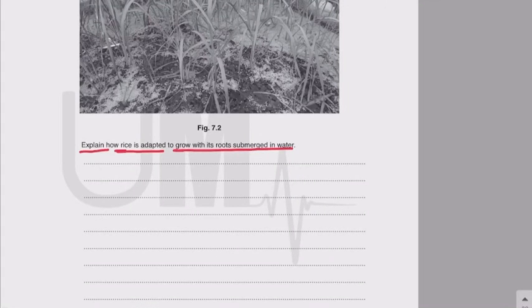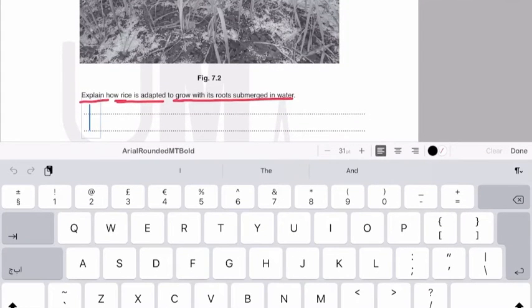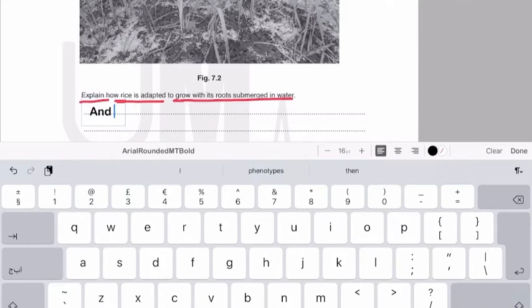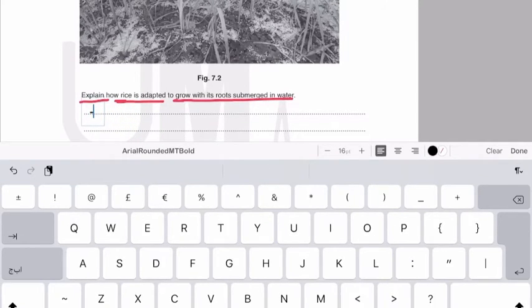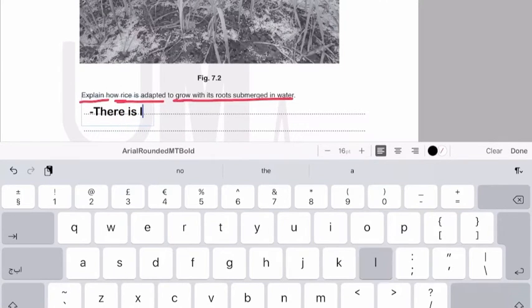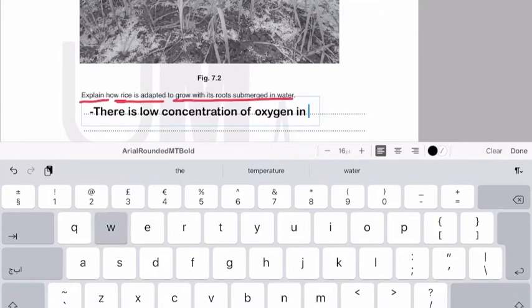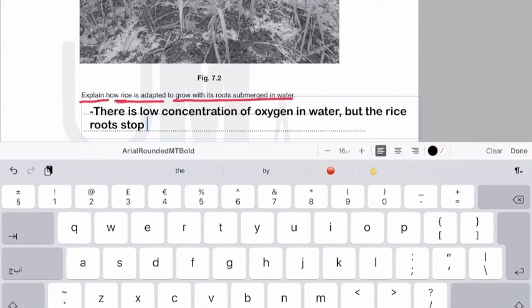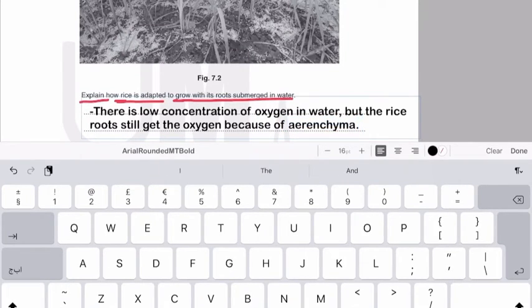So we will say that there is a low concentration of oxygen in water, but the rice roots still get the oxygen because of the parenchyma. So guys, what is parenchyma? Parenchyma is simply a tissue which contains a lot of air spaces.